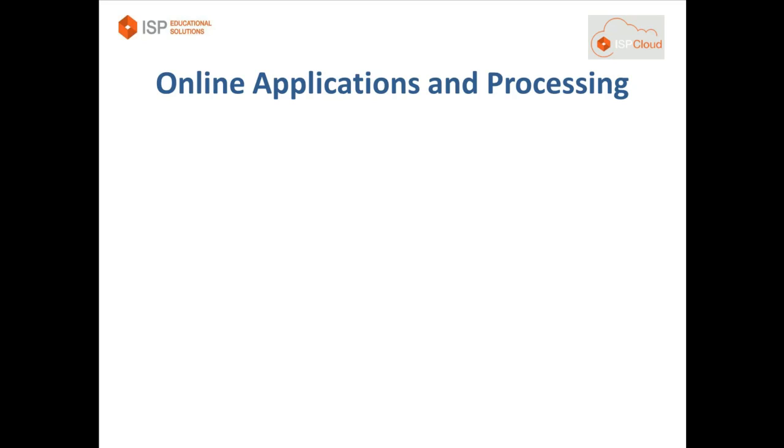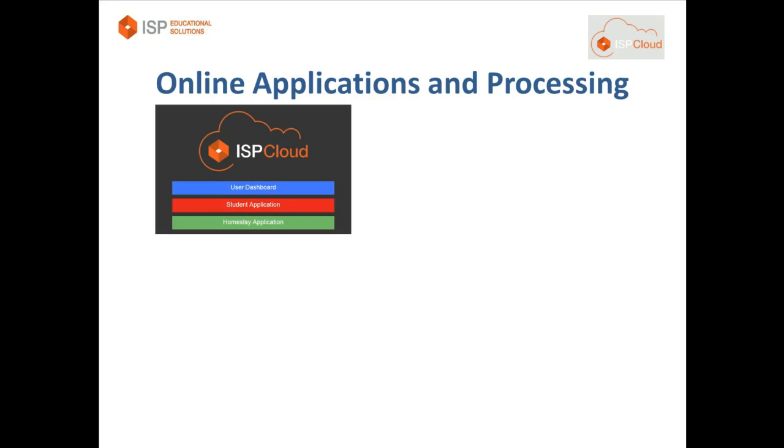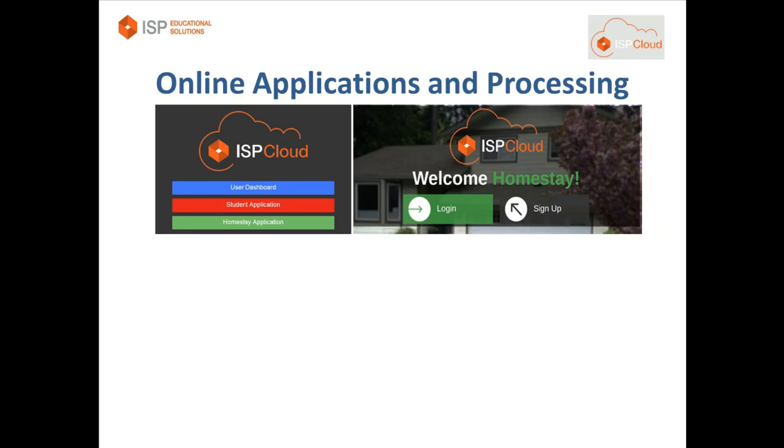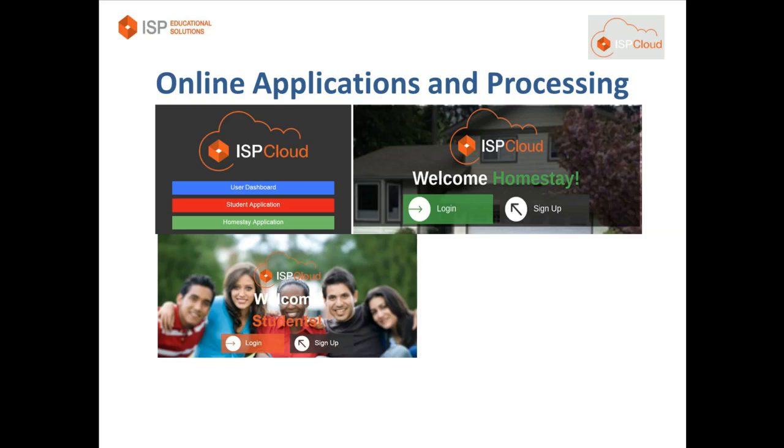Now, one of the big saving features in terms of time saving is the use of online applications, because integrated in ISP Cloud are online applications for students and for homestays. If you are a prospective homestay family, it gives you the ability to sign up. If you're an existing homestay family, you simply log in. Same thing holds true for students or parents or the agents that represent the students.